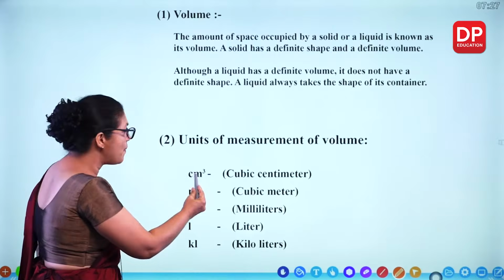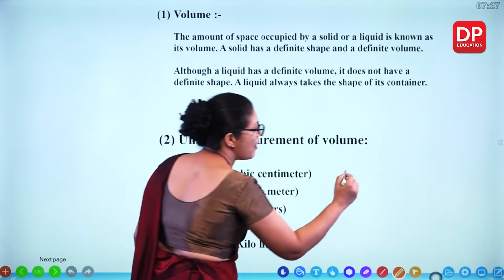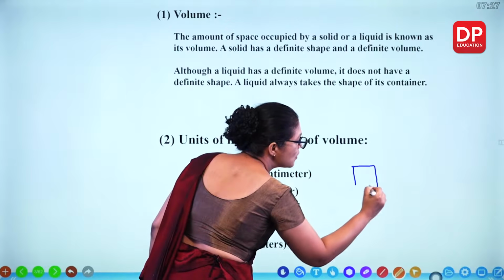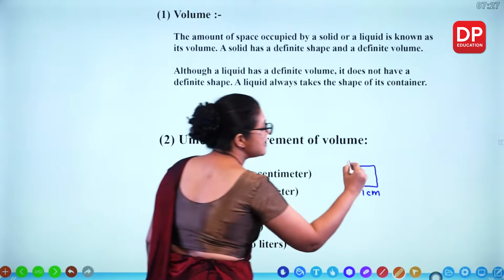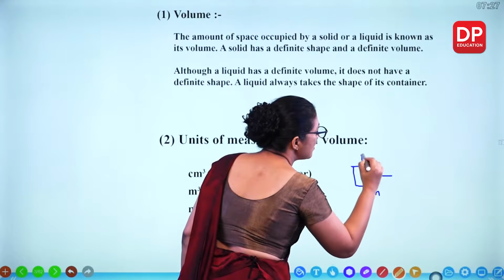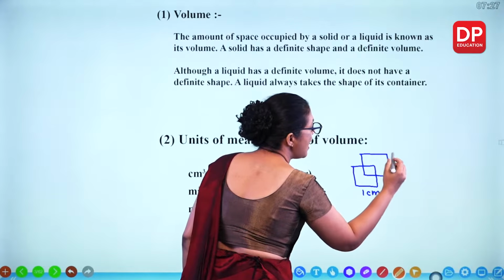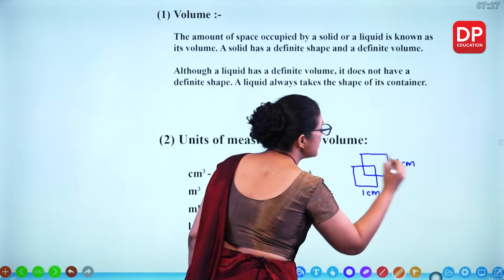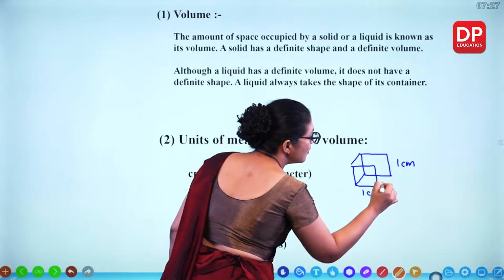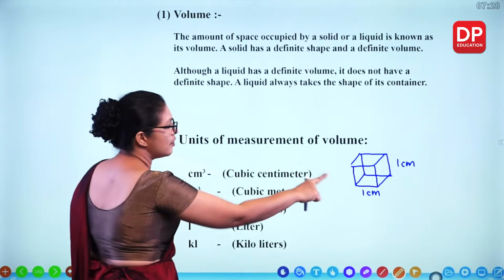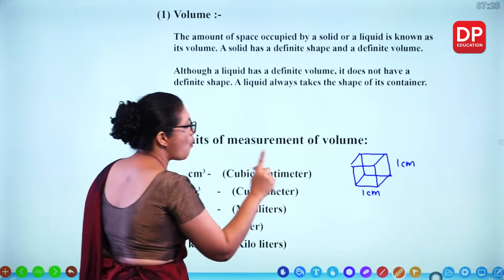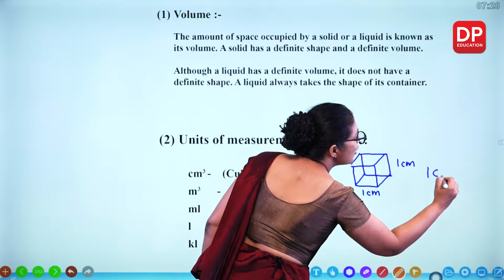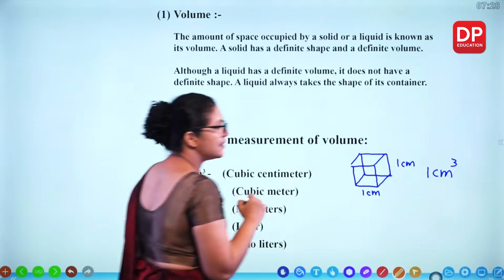Now what does cubic centimeter mean? Think about a cube where length is 1 centimeter, width is 1 centimeter and height is 1 centimeter. So the volume of this cube is 1 cubic centimeter.